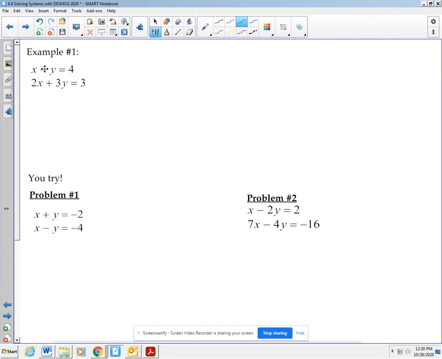Now you can solve this algebraically, which you have to do for homework, but you can always check your work using Desmos.com. The good thing about Desmos.com is that you don't have to write it in y equals mx plus b. On the TI-83 you have to solve for y, in other words, it has to be written in slope-intercept form. With Desmos.com, you can just type it in standard form.